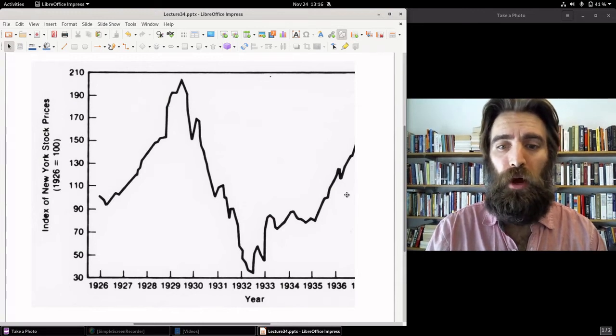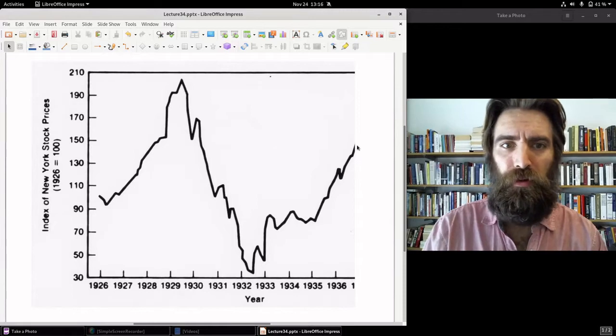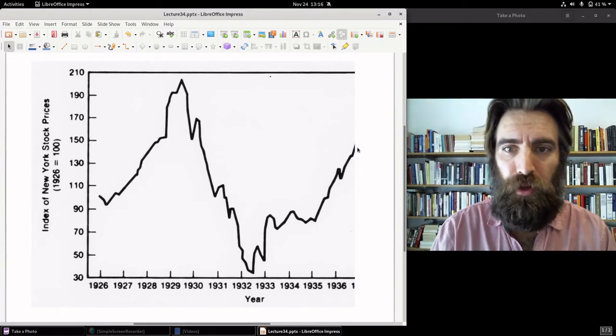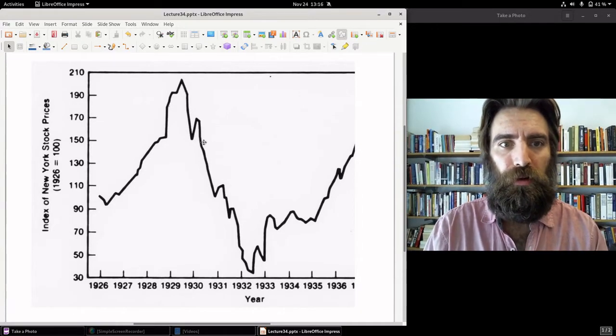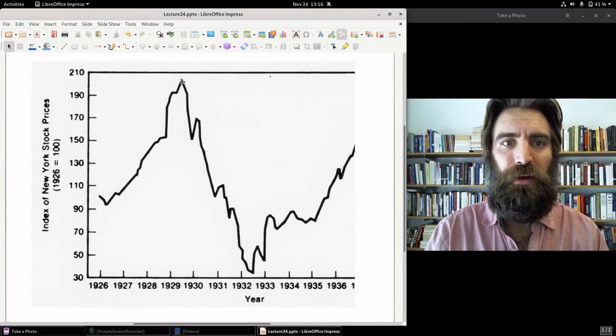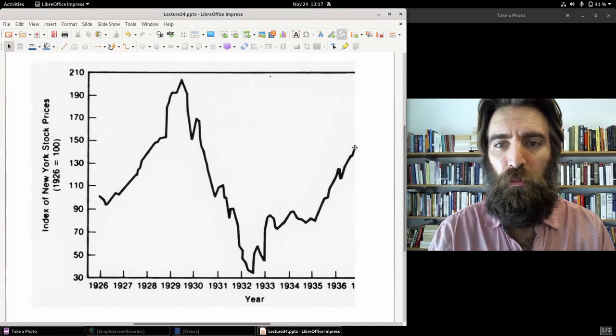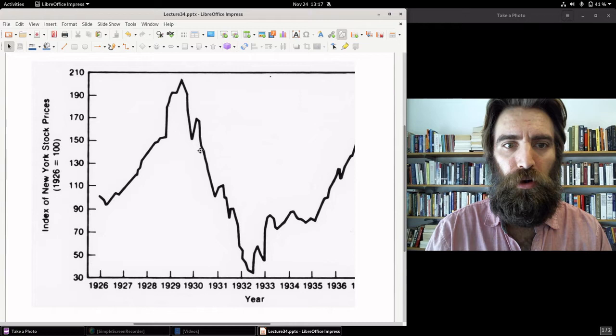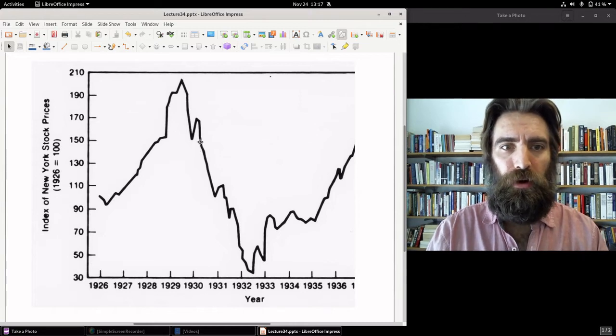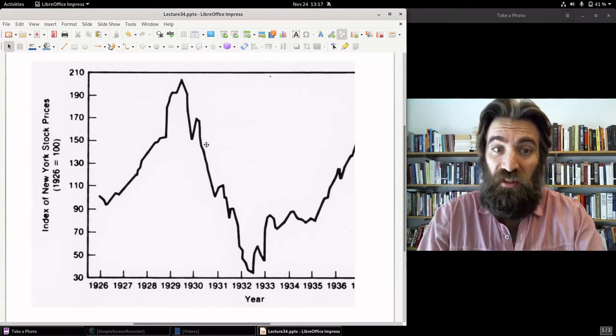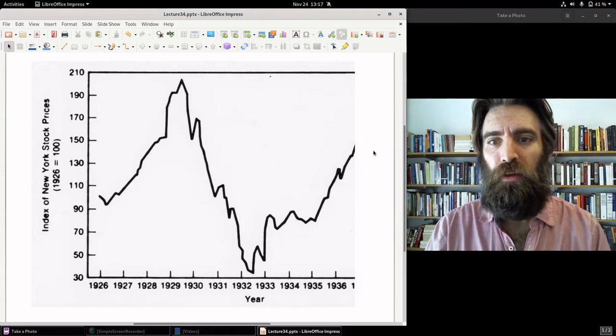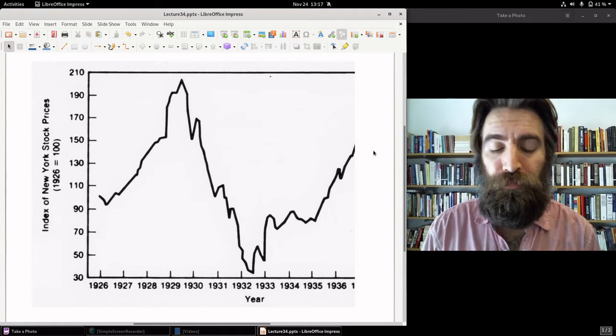And look at that. Wow. There's the stock market. By the end of 1936, the stock market has rebounded quite a bit. Now, it's not at the peak in early 1929, but still, that's pretty darn good. It's at where the economy was in early 1930, so things are going well.